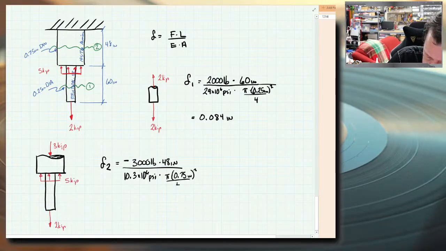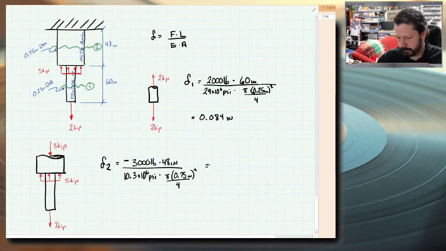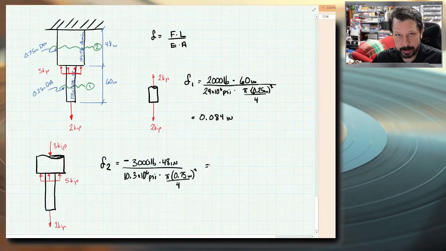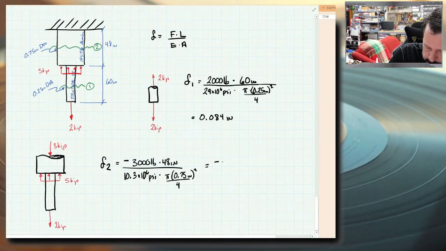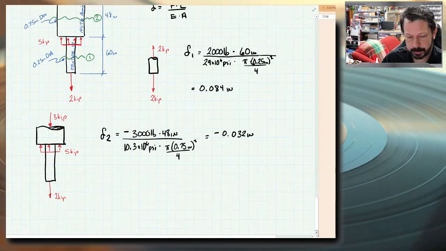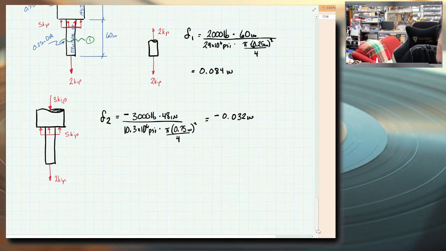Let's calculate that: 0.75 squared times pi divided by 4 times 10,300,000. 3,000 times 48 divided by the denominator is negative, so this one is getting shorter, negative 0.032 inches.